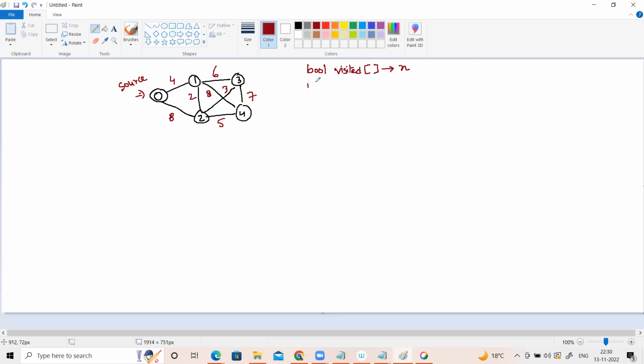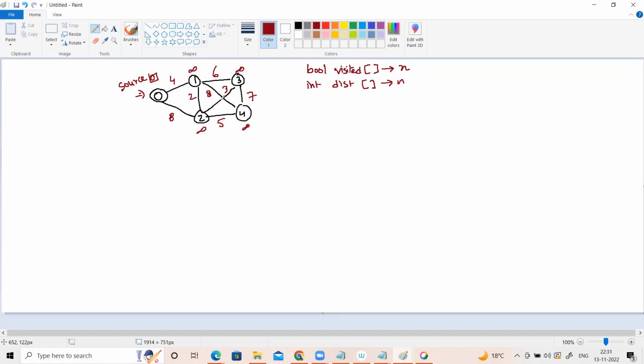We can take another distance array. So distance will also be of size n, because we have n nodes and we are calculating distance from the source node to every node. And as we mentioned in the last diagram, this source is going to have 0 initially, and except this, everybody will have infinite at the very beginning, right?